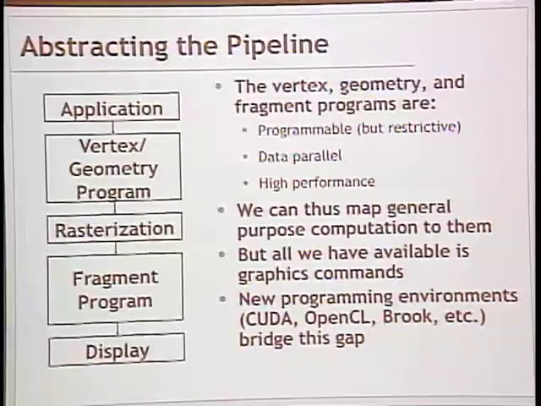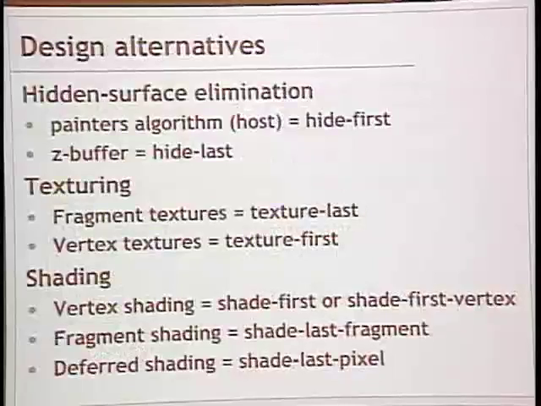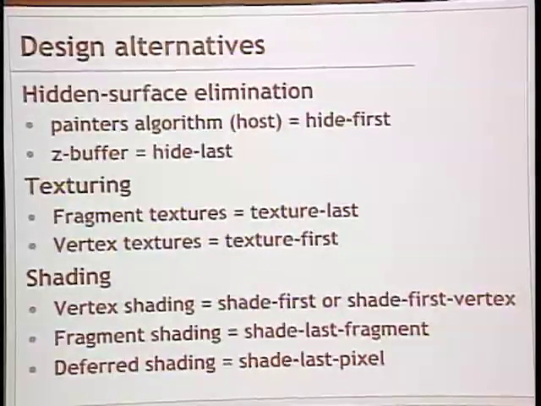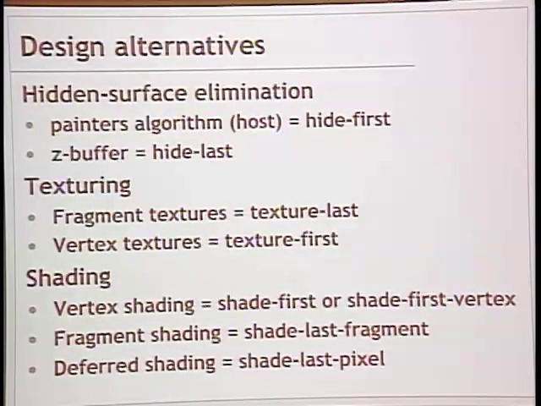These are not the only ways that we could have made these decisions. OpenGL made a certain set of decisions. There are other things we could have done. For example, how do we do hidden surfaces? We could use what's called the painter's algorithm.